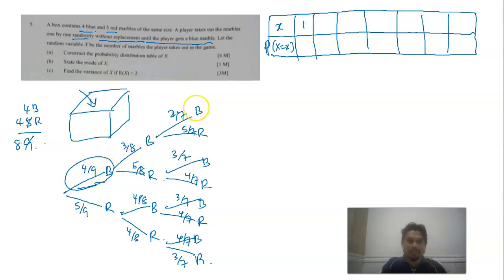And 4/9 is the probability of this blue ball the first time. Okay, let's say X equals 2, 3, 4, 5, and 6.